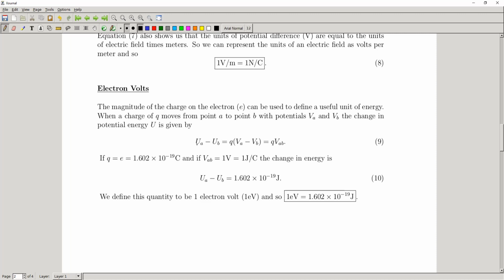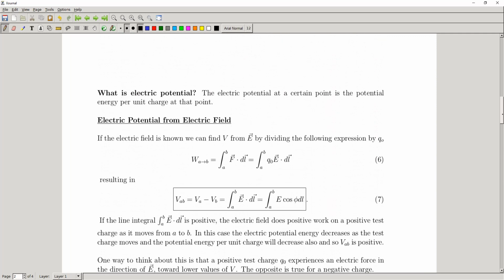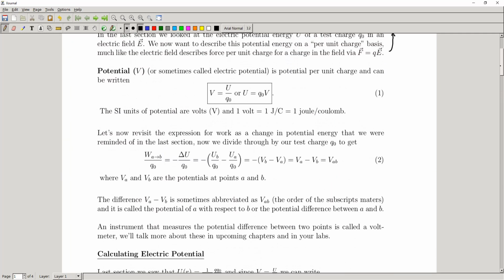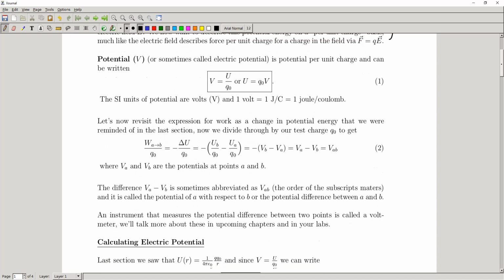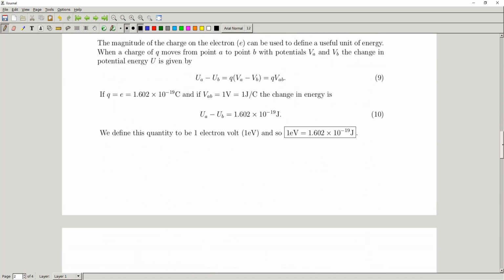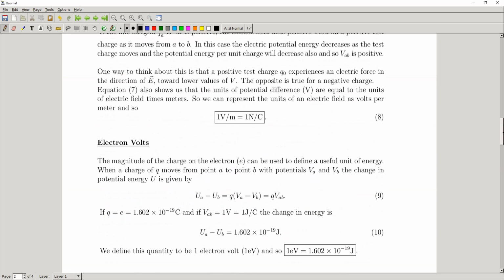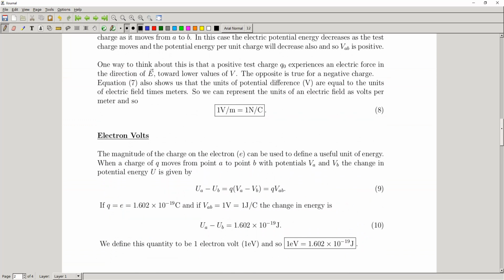So we have the potential energy in A minus the potential energy in B. Well, that's going to be equal to Q times our VA minus VB, because we know that from this definition up here, U and V relate to each other in this way, right? So we can write that down here, and we can use our shorthand to clean this up, and this is just going to be equal to Q VAB, right?